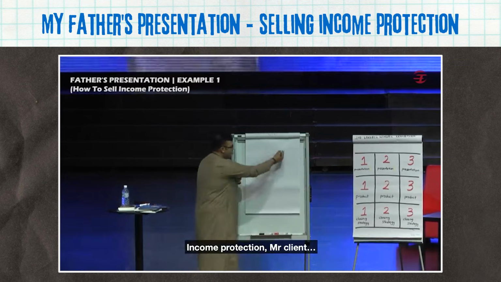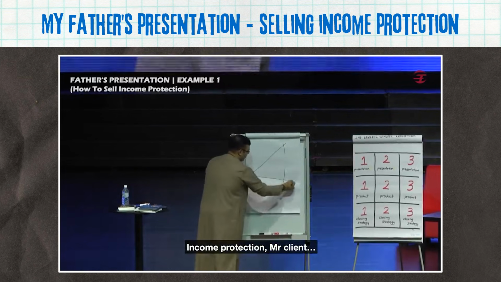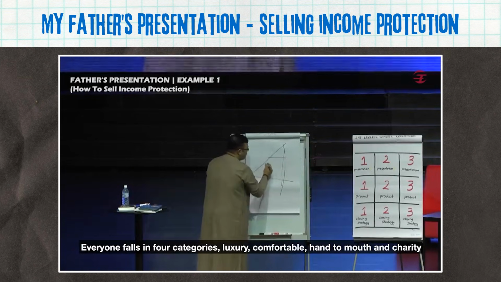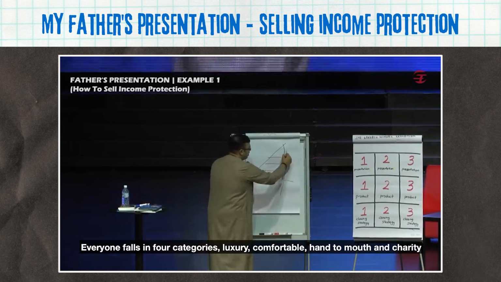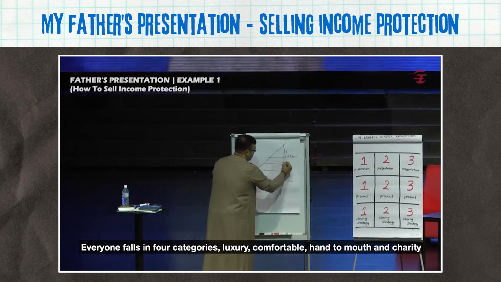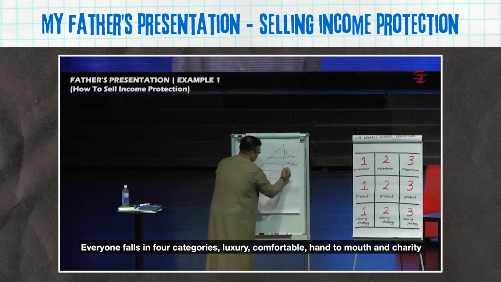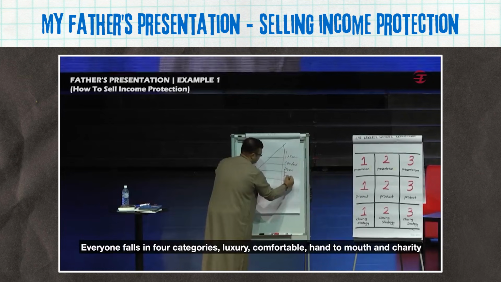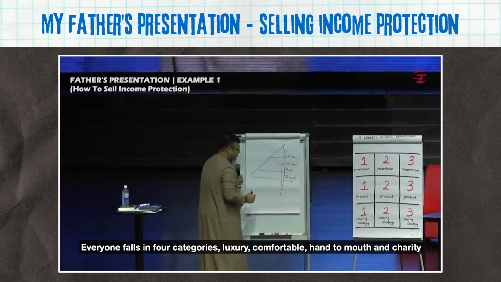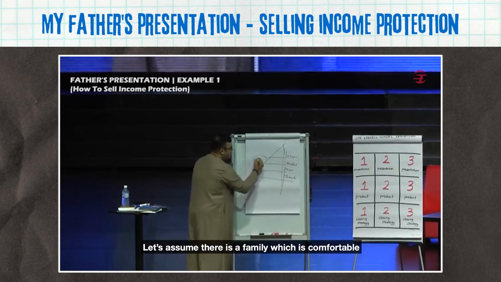Mr. Client, everyone falls in 4 categories: luxury, comfortable, hand to mouth, and charity. Let's assume there is a family which is comfortable.